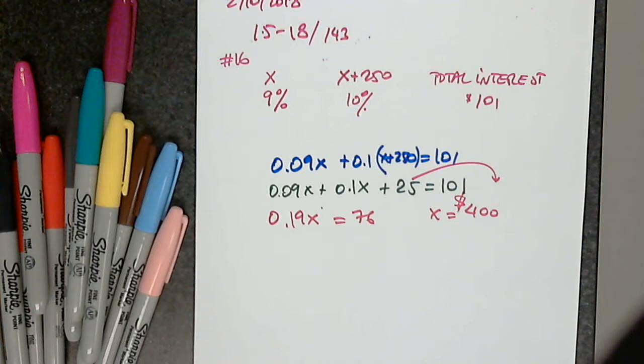And when I click enter, what should I get? What was the interest? 101. Yes. If I don't get 101, something is wrong, correct? Right. So, therefore, Karen deposited 400 at the first bank and 650 at the other.